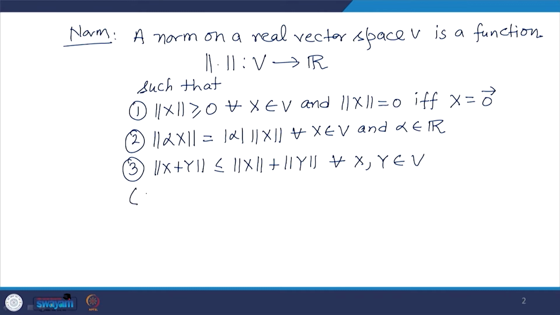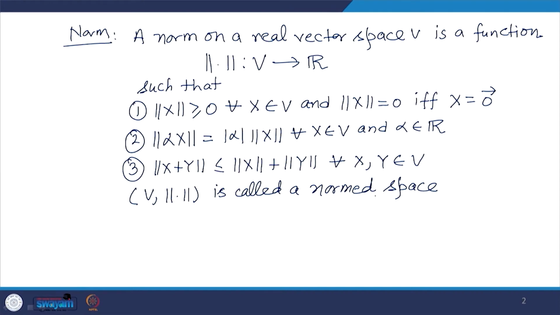The vector space V together with the norm is called a norm space. In some references we write it as normed vector spaces or normed linear spaces.